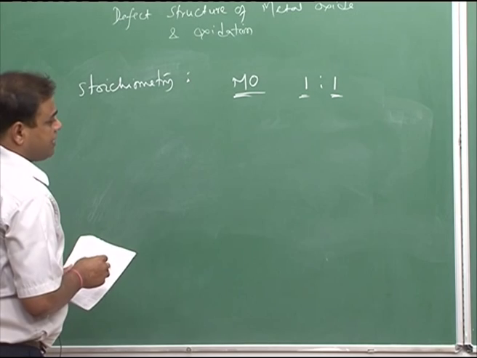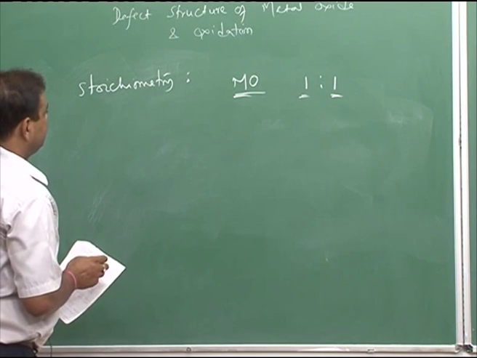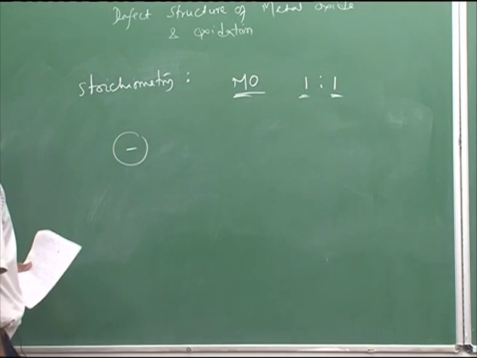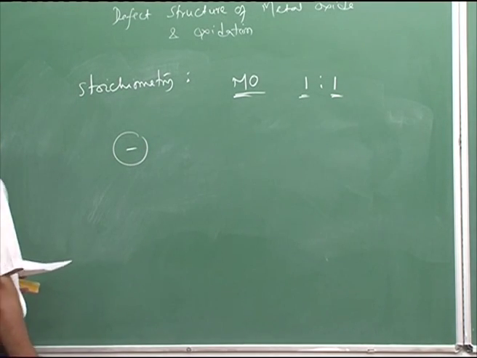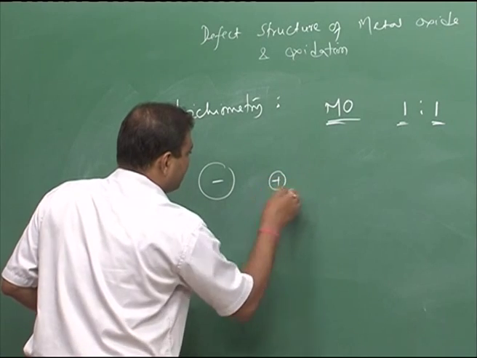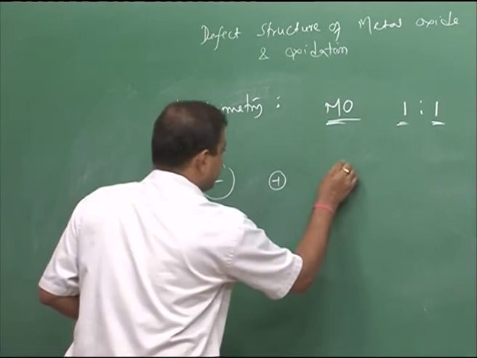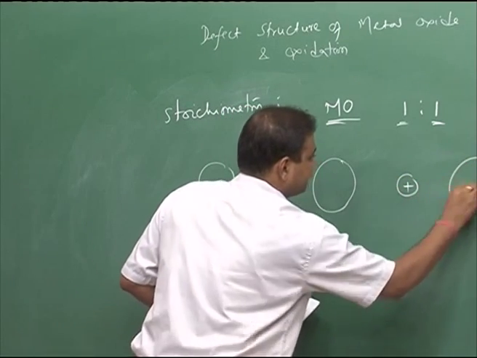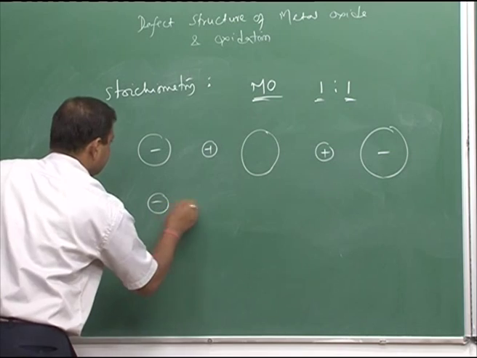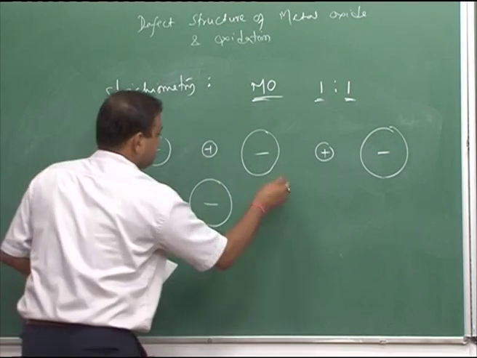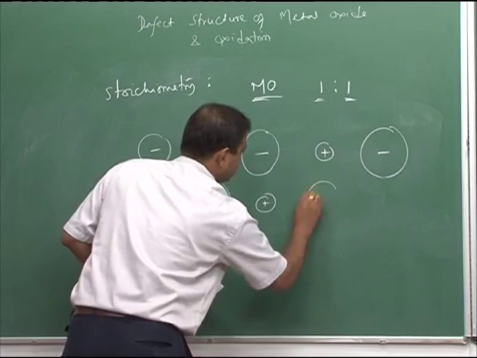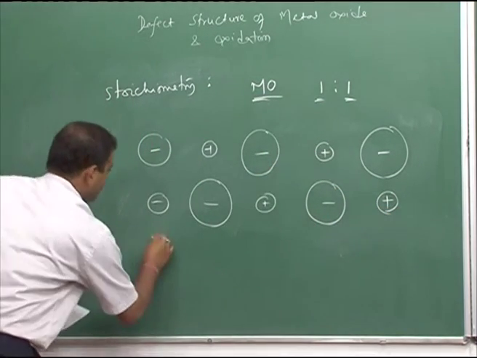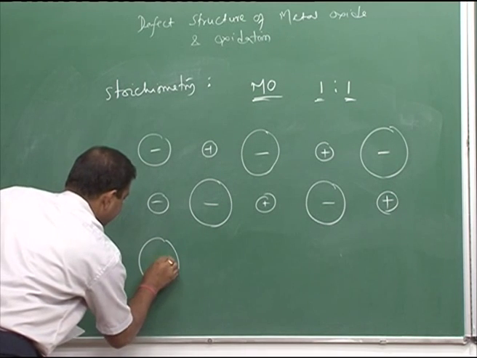Now, in this case we have Schottky defect. For example, let us say the negative is anion and there is a small positive one which is cation. Like that we can have a distribution like this.